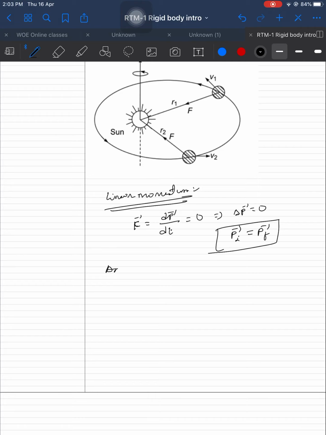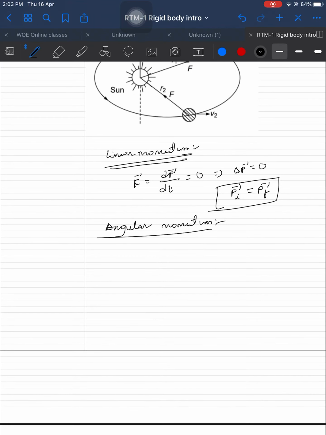When it comes to angular momentum, we should calculate angular momentum about a point. Now see carefully. Instead of force in rotation, it will be tau bar is equal to dL bar by dt, where L is the angular momentum instead of linear momentum.